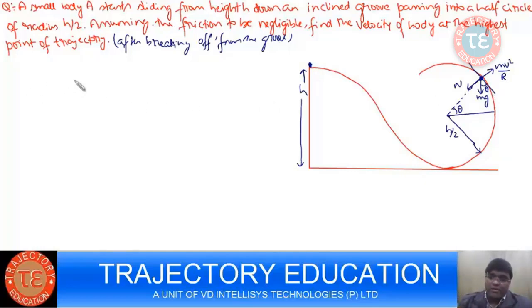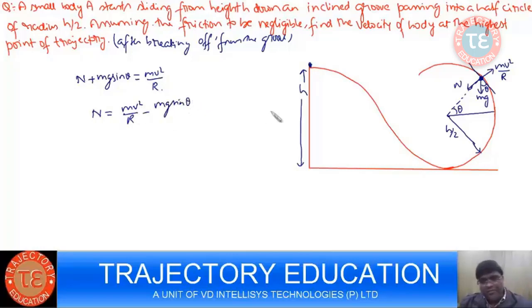So the body is in radial equilibrium. When it is in contact, it is in radial equilibrium. So it becomes mg sin theta minus N equals mv square by r, right? Now you can see over here, N is mv square by r minus mg sin theta.